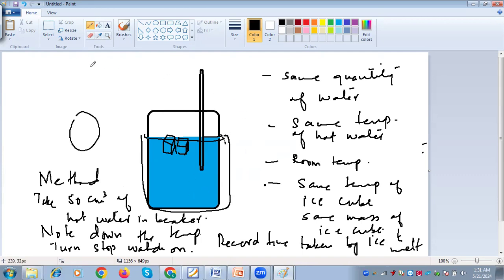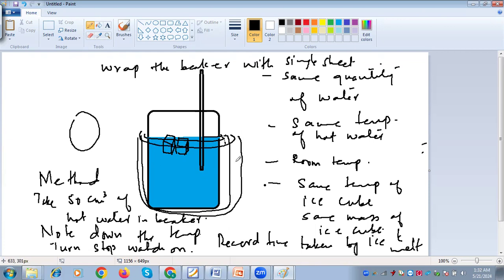So suppose you have taken, wrap the beaker with a single sheet. Okay, then turn the stopwatch on and record the time. Then what will you do? You will remove this water. You will take new fresh water, new ice cubes, and then double the sheet.